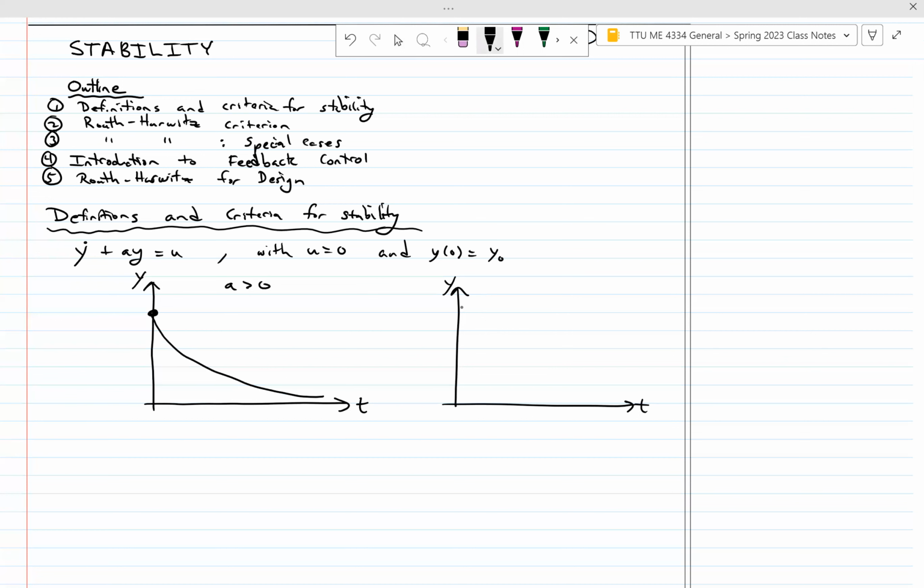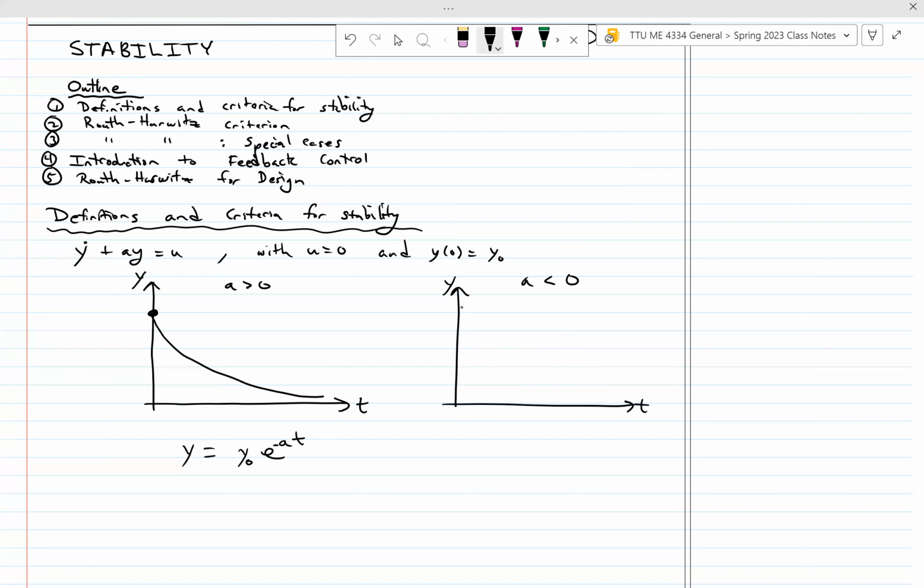We can do this with our Laplace transform. We would find our solution to y is y0 e to the minus at. And if a is greater than 0, we're going to get an exponential decay from whatever that y0 value is. Now, what happens if a is less than 0 here? It should actually be a negative at here.